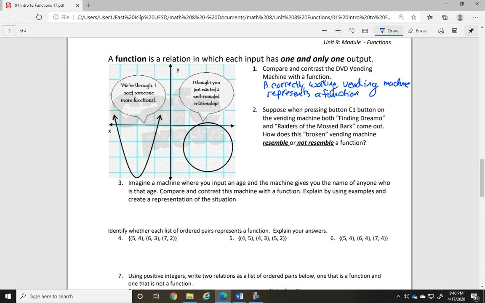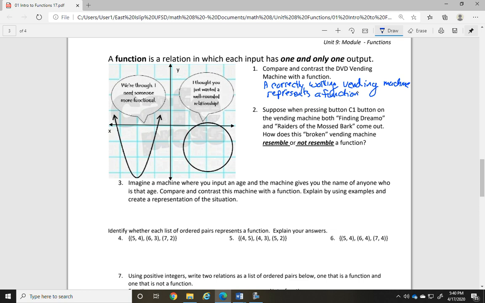Notice I said correctly working vending machines. You know those vending machines at school even. Have you ever been, I guess you probably consider yourself lucky, you put in money, you push the button, and 2 items come out? Right? So that's not a correctly working vending machine. Something went wrong there. If you push the button once and 2 things come out, that's actually not a function.